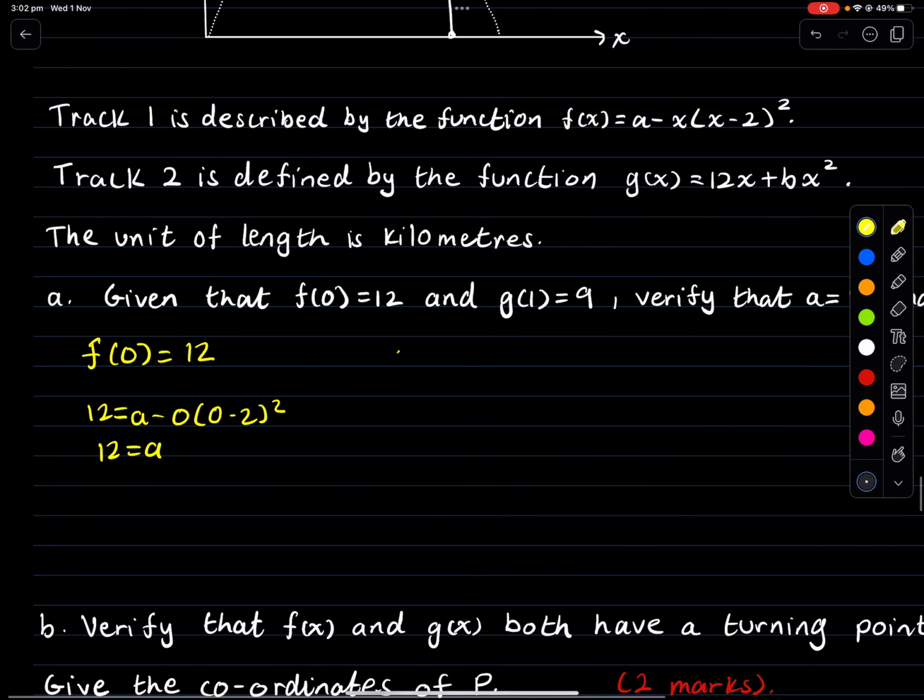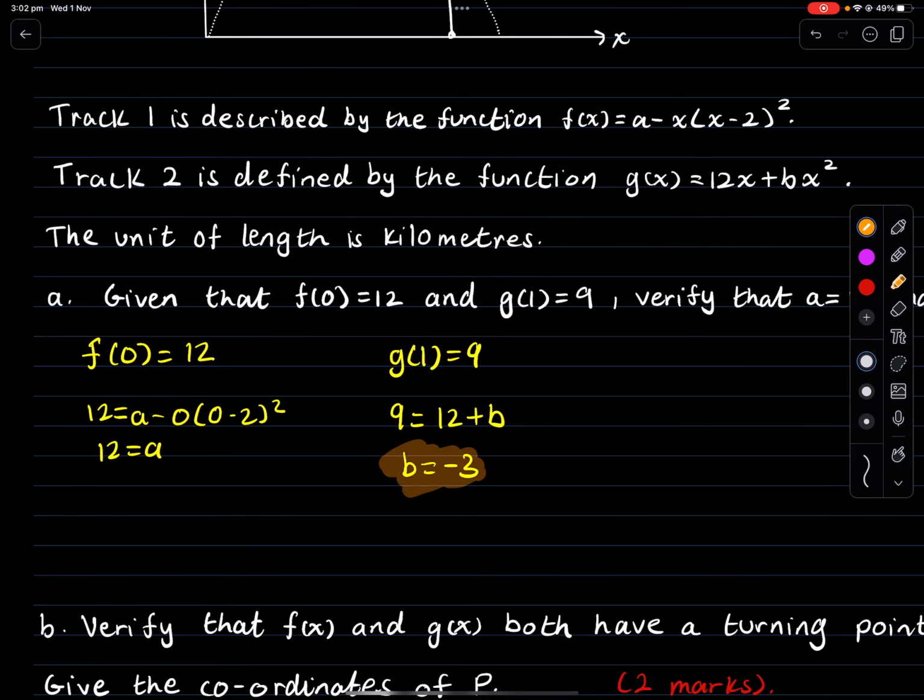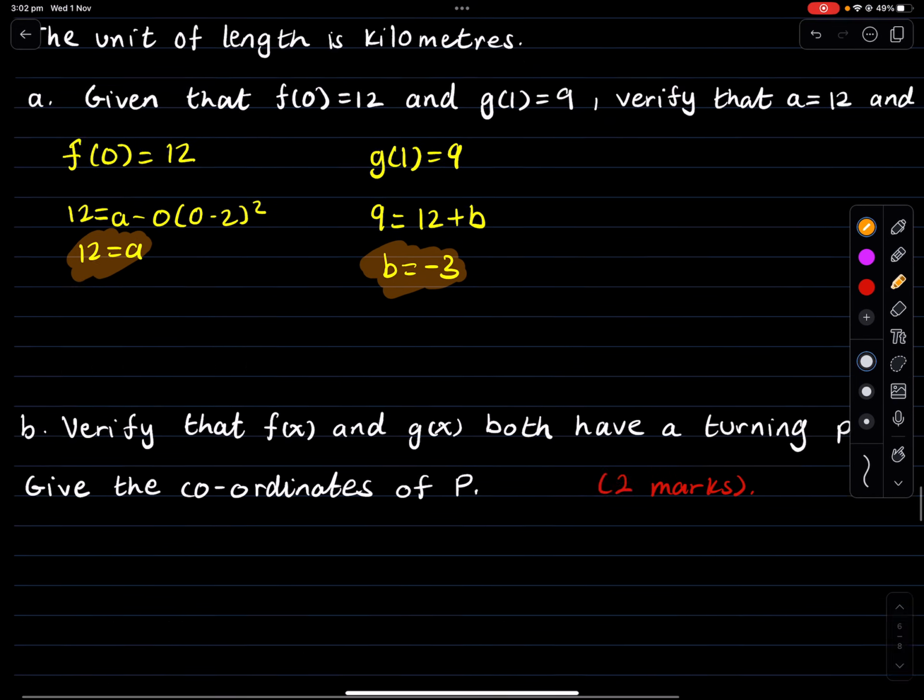For the next one, given that g of 1 is equal to 9, subbing, oh no, it's g actually, sorry. So it'll be 9 equals 12 plus b, so b is just -3. There we go. We have shown that.